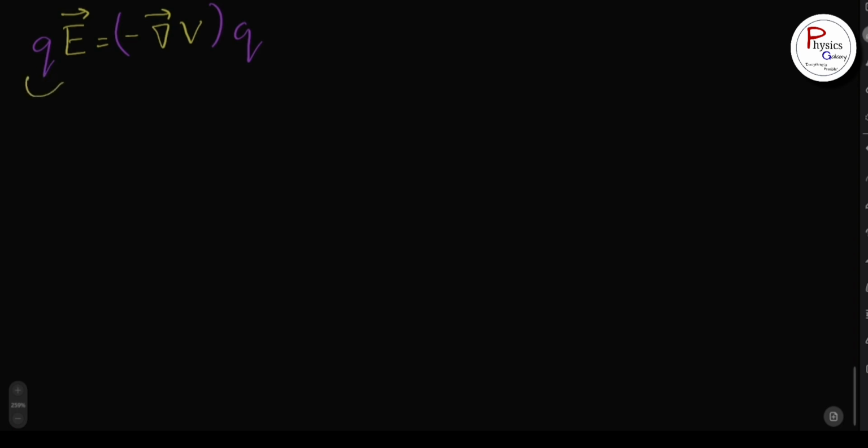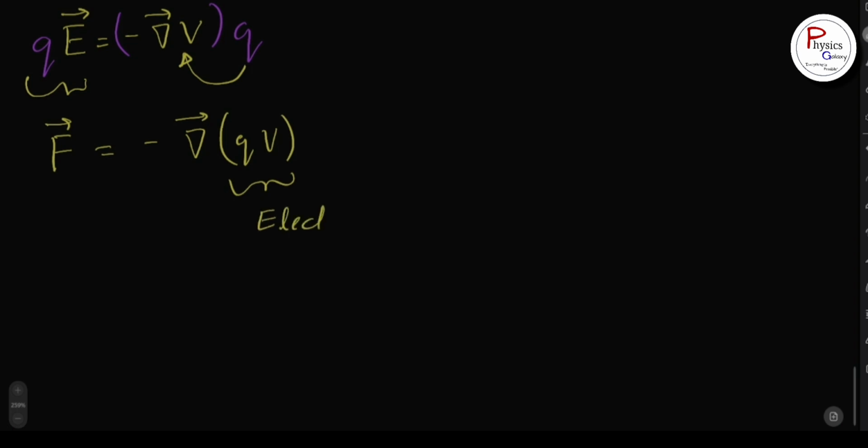Now charge times the electric field is simply Coulomb's law. That is the force F equals Q times electric field, which equals minus gradient of Q times V, since Q can be put inside. Now Q times V is a different quantity that we call electric potential energy.